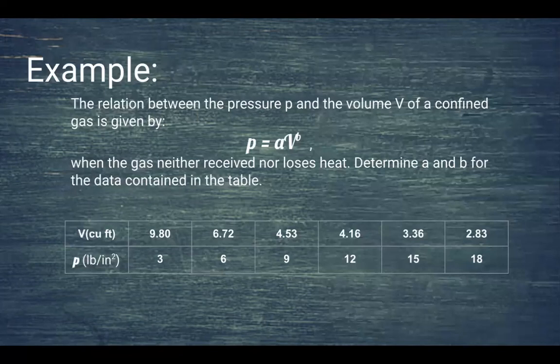For the volume, in cubic feet, we have 9.80, 6.72, 4.53, 4.16, 3.36, and 2.83. For the pressure, expressed in pounds per square inch, we have 3, 6, 9, 12, 15, and 18.